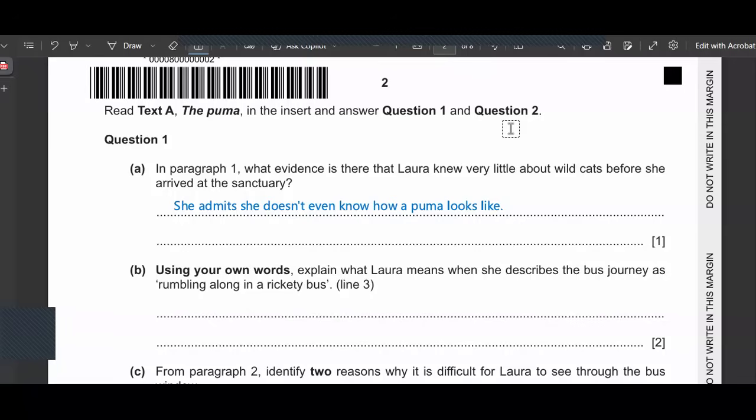To answer it, if a candidate lifts the text directly from the original, this strategy is acceptable, you will be awarded the marks, and your answer will not be considered wrong.